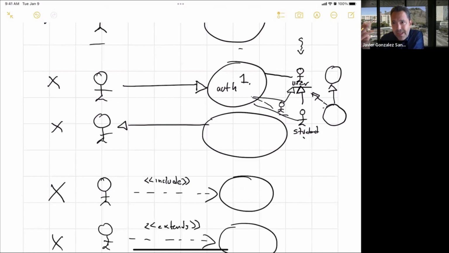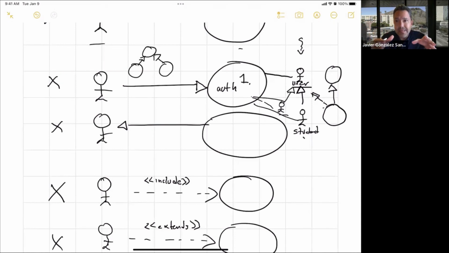So inheritance with actors is something that you can do to create families that access a particular group of services. Now, inheritance with requirements is something that we're going to review, but it is possible to have two ovals and one oval is going to be parent and the other is going to be child, and the oval can have as many children as you want, no problem.